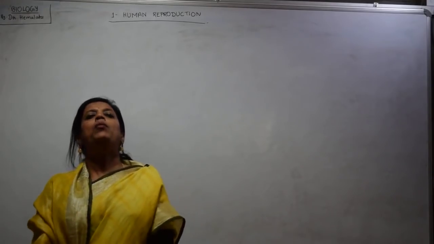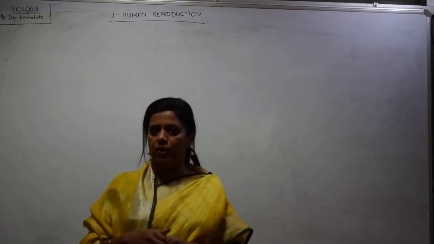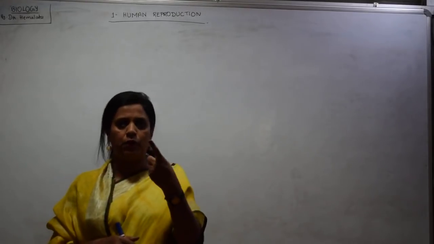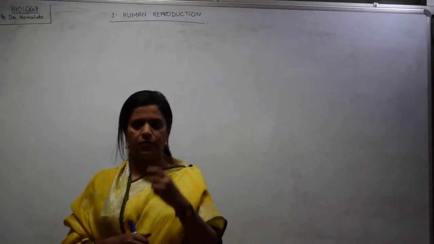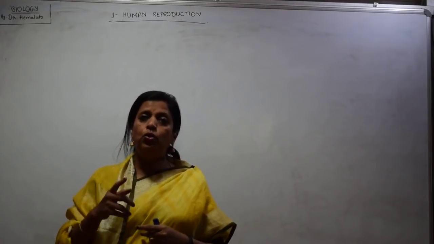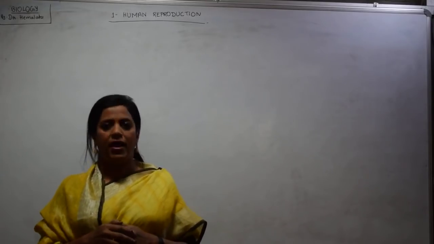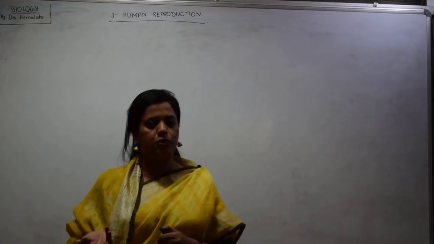Now, when you talk about the reproductive system's structure, we have two important things: primary reproductive structures and secondary reproductive structures. Primary reproductive structures are those which are directly involved in gamete formation. They are normally gonads. They produce the gametes.